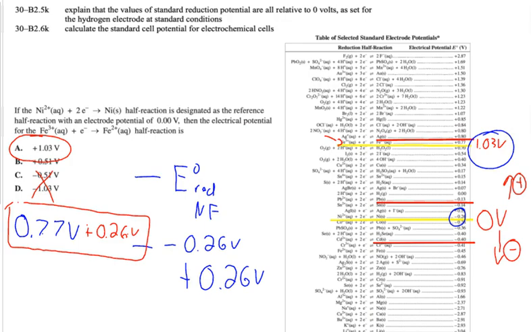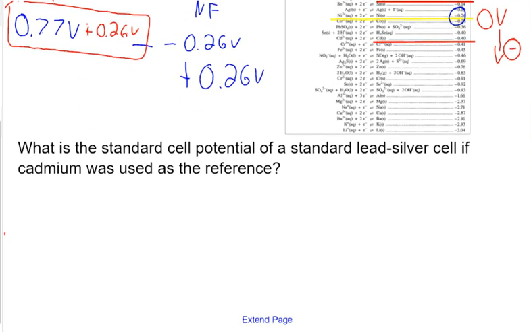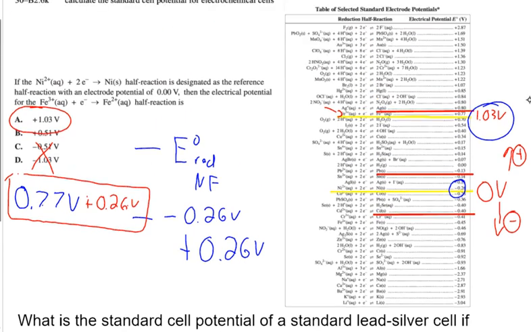Another question that lets us deal with both calculating cell potential and changing the reference is what I have down below. What would the standard cell potential of a standard lead silver cell be if cadmium was used as the reference? So I'm going to clean off our values, and we'll see what happens if we use not nickel, but cadmium.